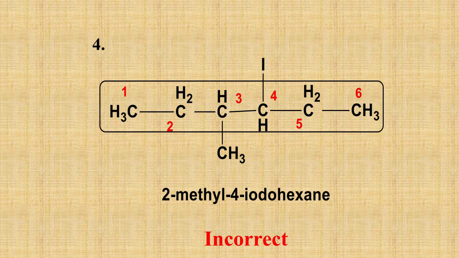Alphabets means A, B, C, D, E, F, G, H, like this, I, then methyl M. So, I comes first, then methyl. Therefore, you start numbering from right to left and write the name of the compound yourself. Very simple, it is not from left to right, but from right to left, because I comes first as iodo and then methyl M comes second.